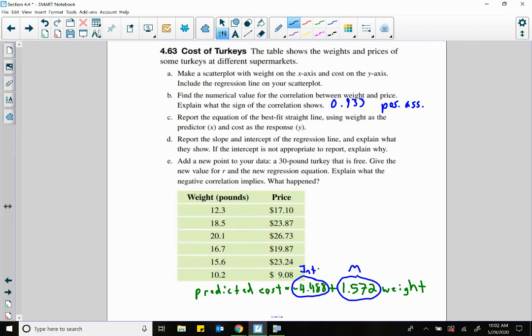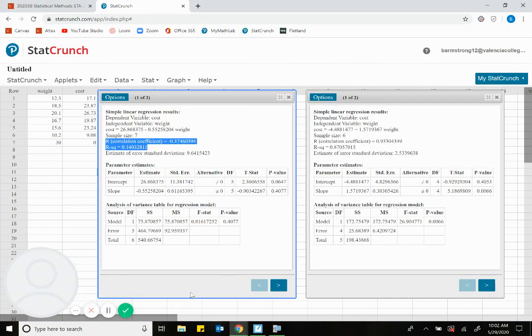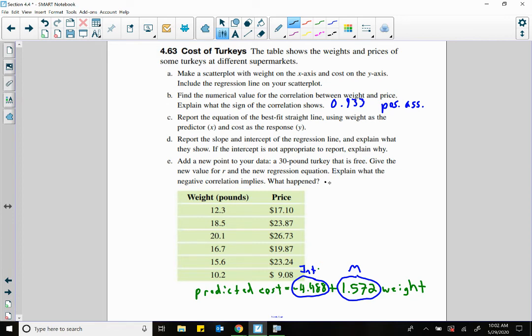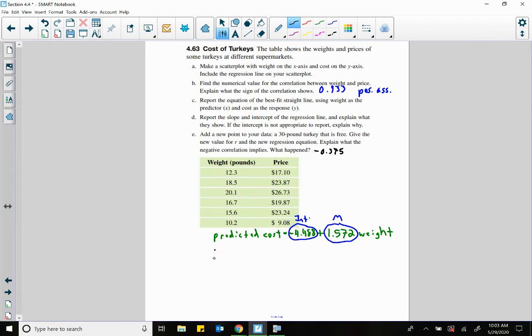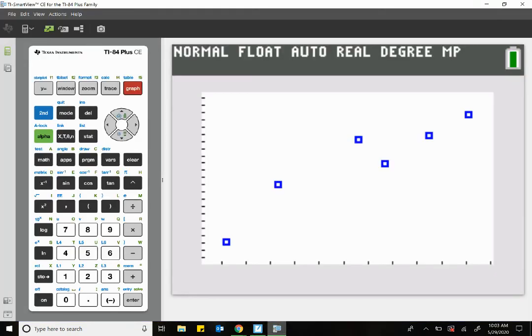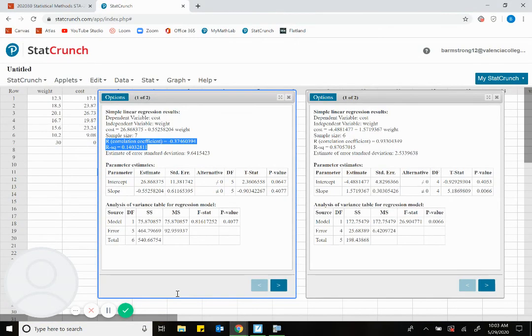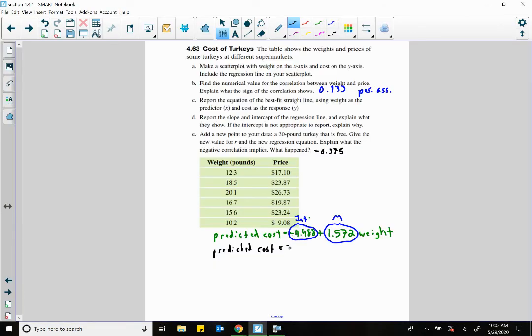Okay, so our new R is negative 0.375. Our new equation, so predicted cost equals 26.868, and this time it is a minus.